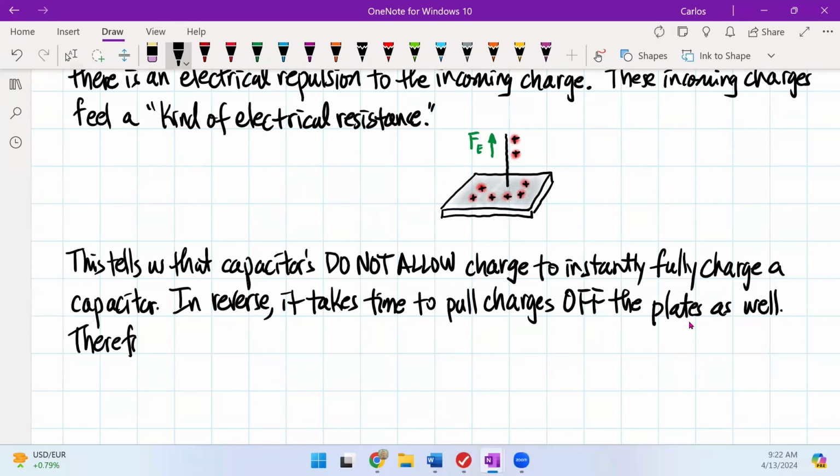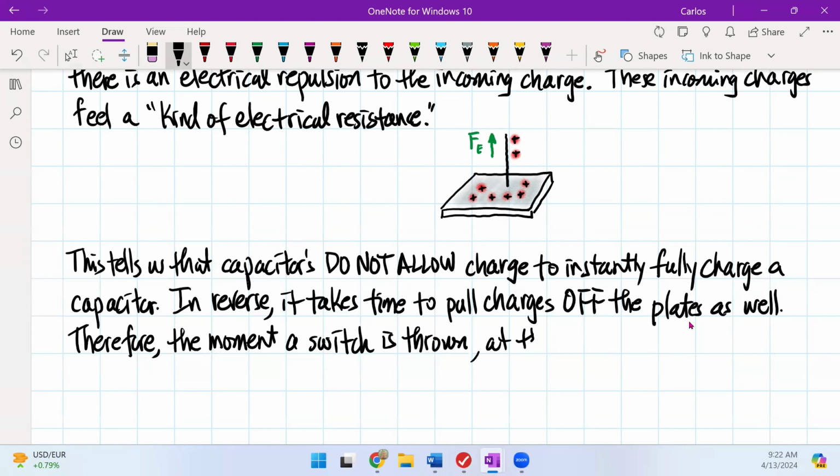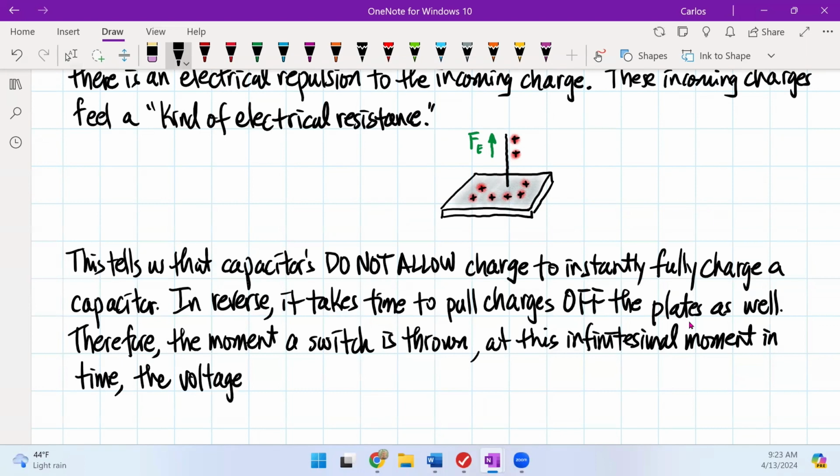Therefore, the moment a switch is thrown, at this infinitesimal moment in time, the voltage across the capacitor cannot change instantly.